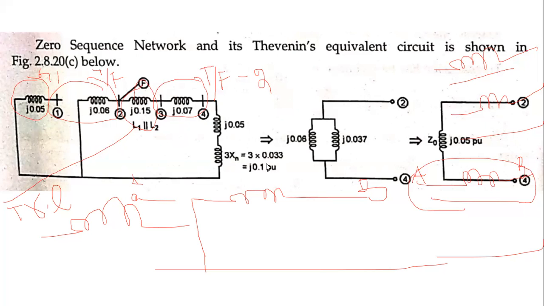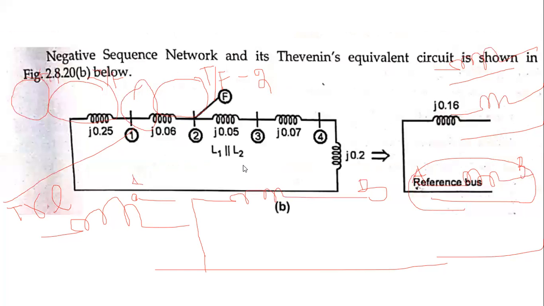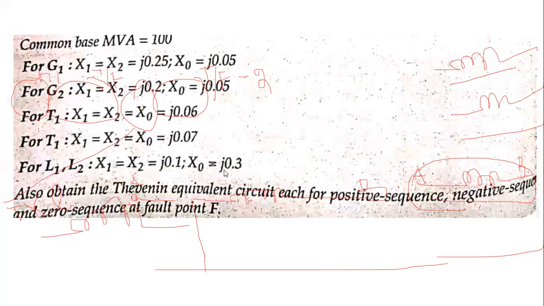Therefore that is equal to 3 into 0.033. The Xn value will be given in the question.